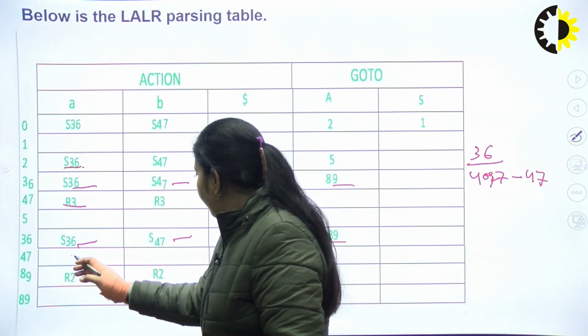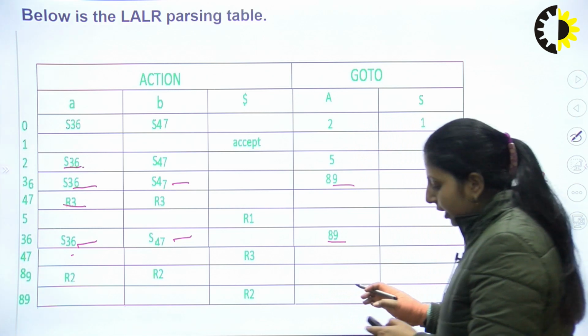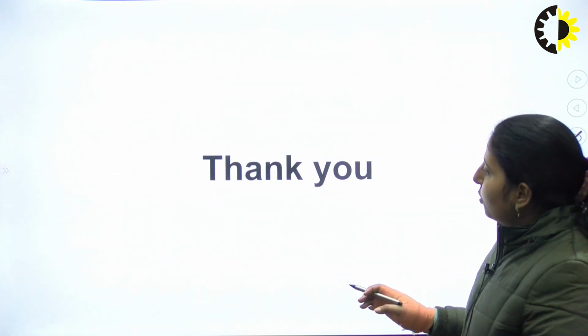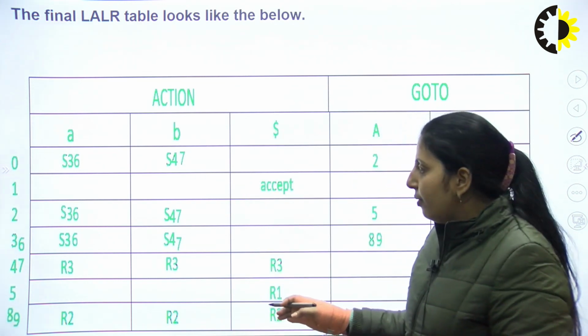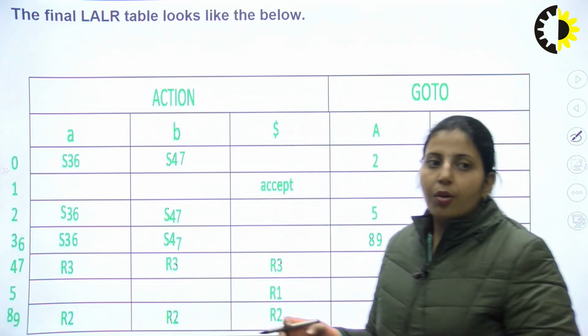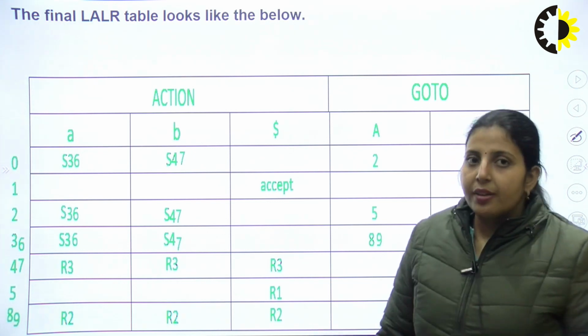I4 and I7 have the same entries, so we can delete that also. So the LALR table looks like this. We have reduced all the repetitive entries. Thank you so much.